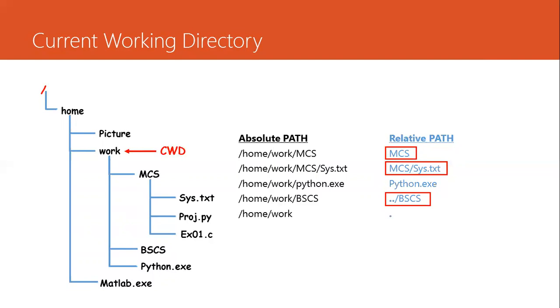So if you are in /home/work/bscs and you refer to dot dot, you're talking about the directory /home/work. And if you refer to dot dot slash bscs, you are referring to /home/work/bscs.